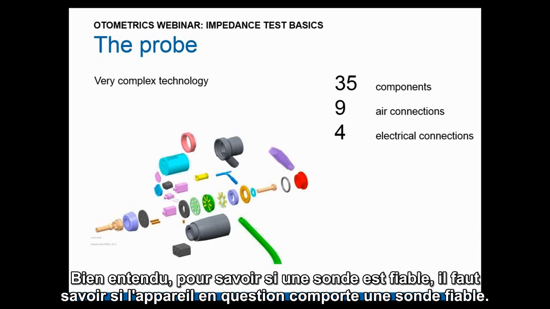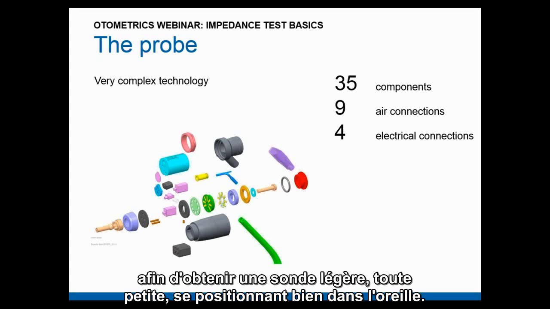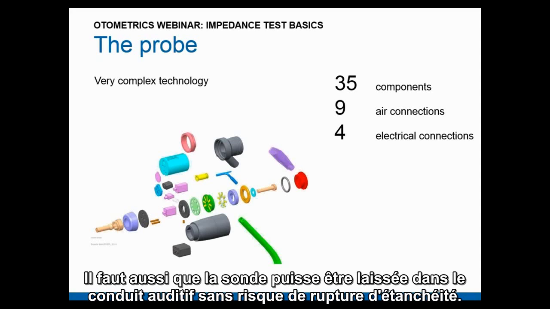Of course, to know if a probe is reliable, you need to know if this device is providing a reliable probe. But for us, as manufacturer, we also need to take into consideration the size of the probe, decreasing the size to the minimum in order to have a light probe, a tiny probe with a good placement in the ear, but also a probe you can leave in the ear canal, making sure that you won't break the sealing.